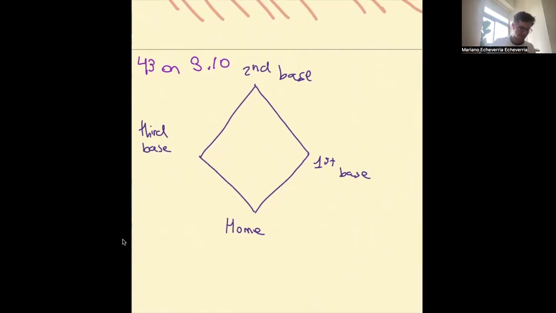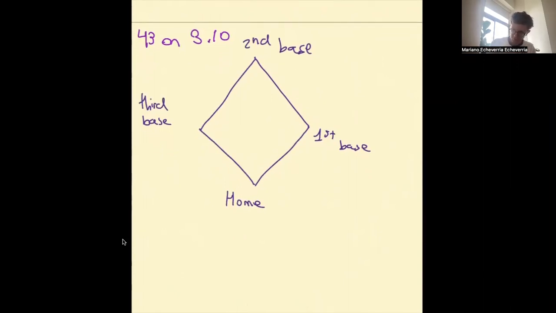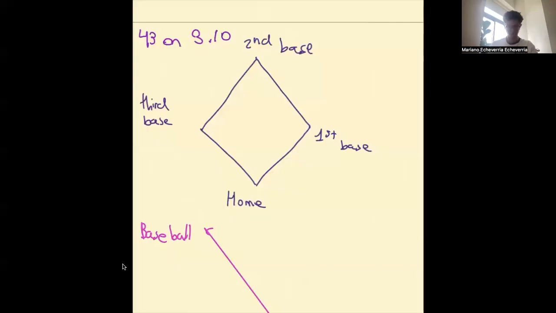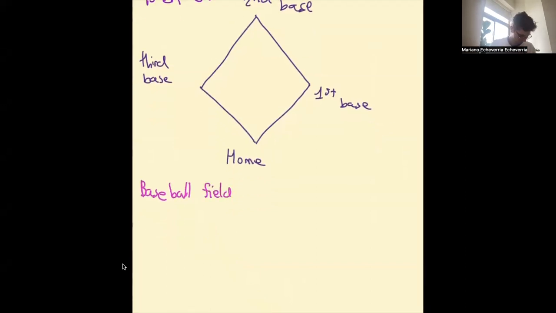Let's see. It says it's a baseball diamond. The baseball field is a square where each side is 90 feet.